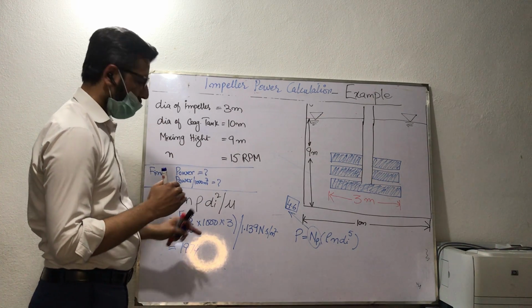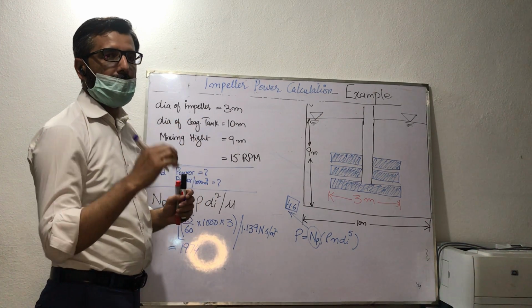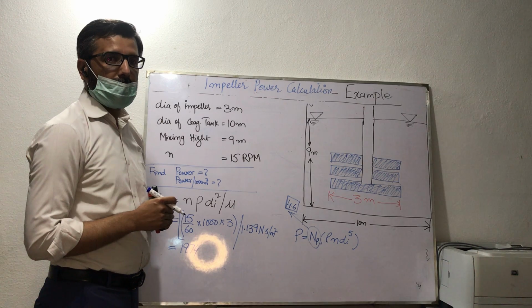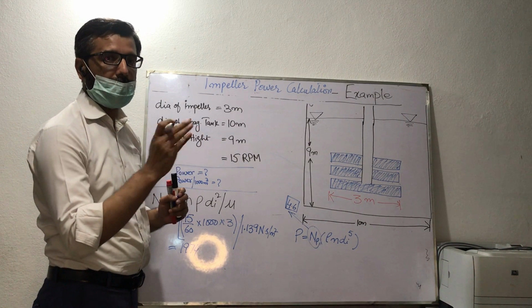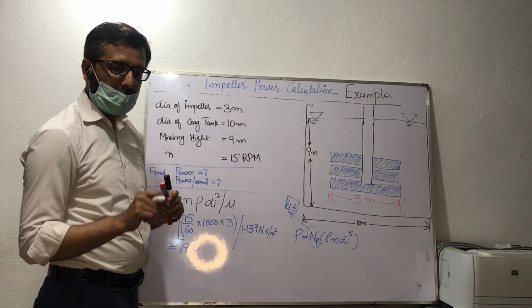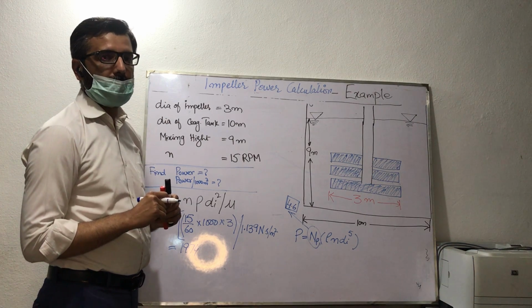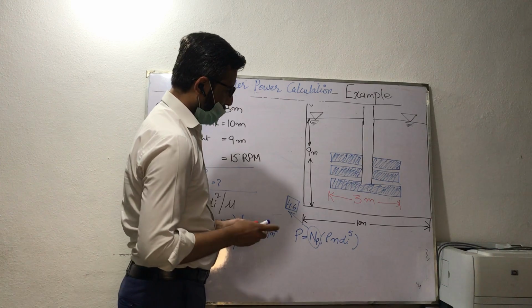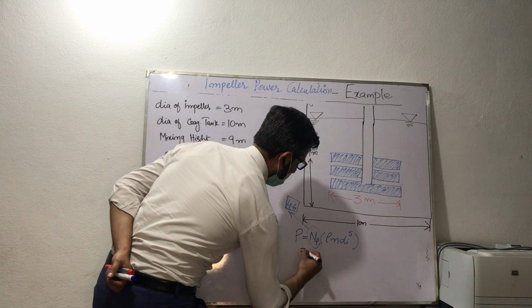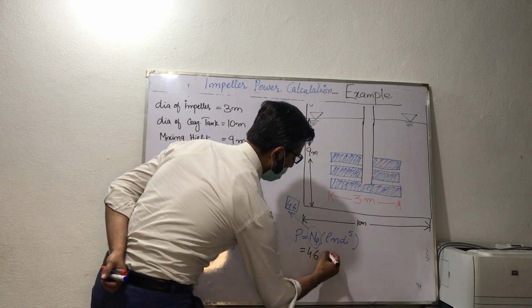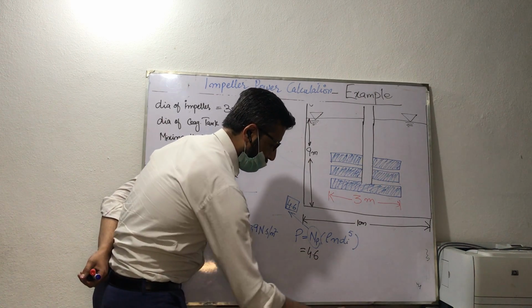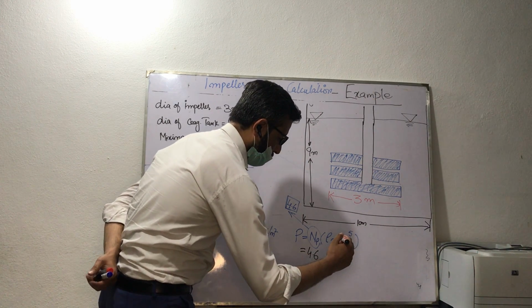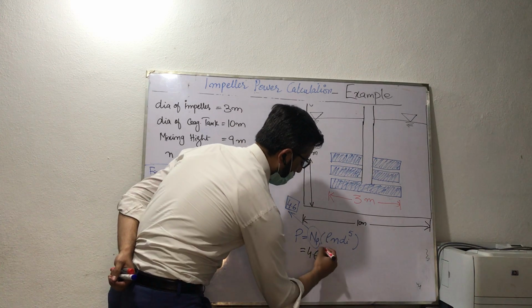The Reynolds number has been calculated, and we can drop the Reynolds number on the trend which is given in that graph, and then looking at the bottom we can find out the power function. So now the new values can be put into this formula: 4.6, which is from the graph. Then we have the value of our water density as 1000.